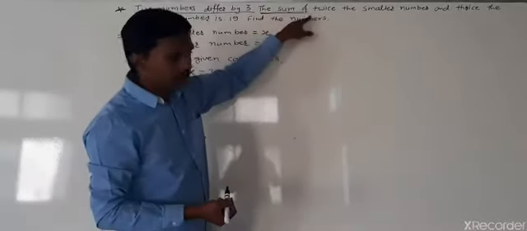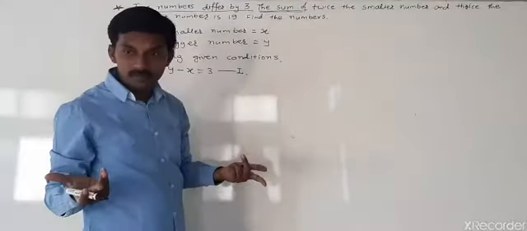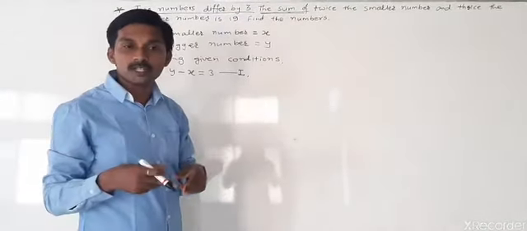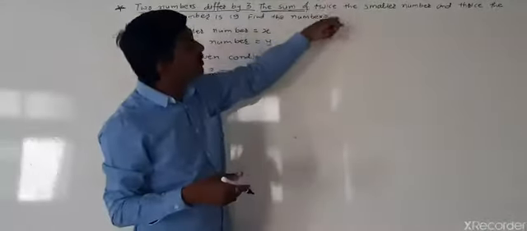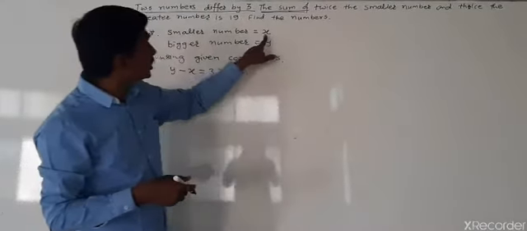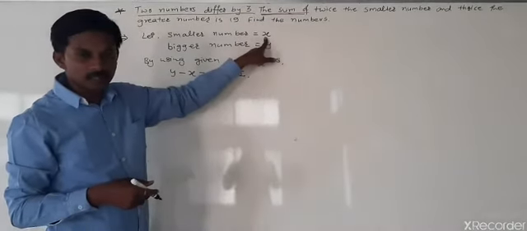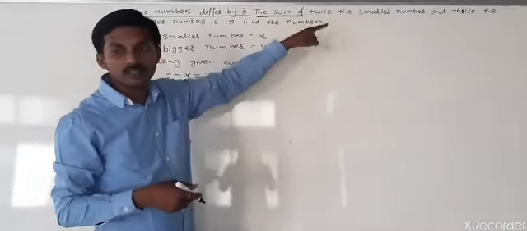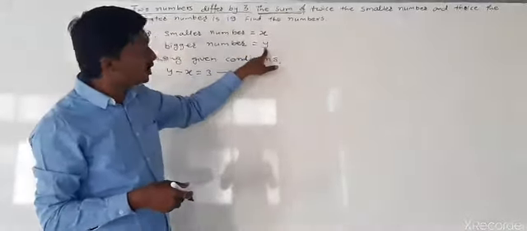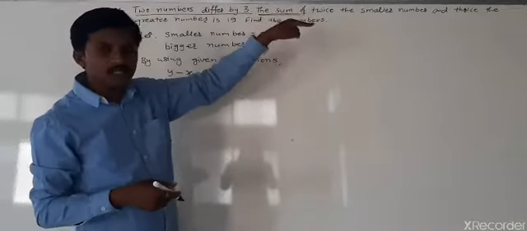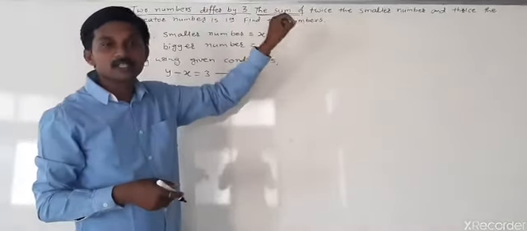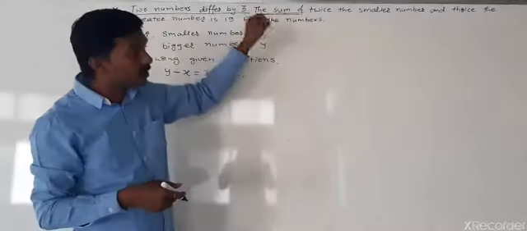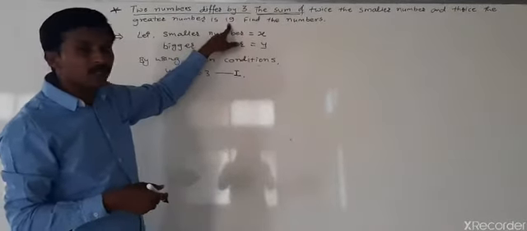The smaller number is x, twice of it is 2x, plus thrice the bigger number, and the bigger number is y, thrice means 3 times, that is 3y.